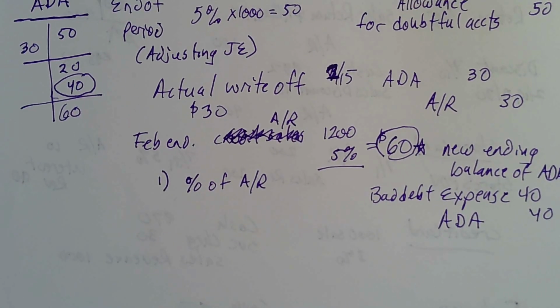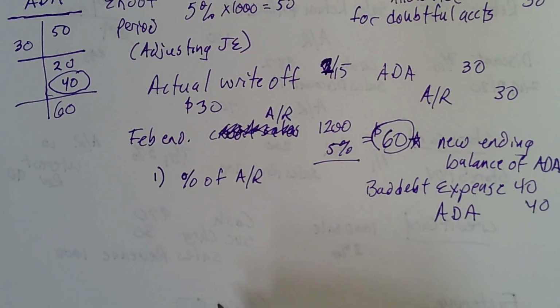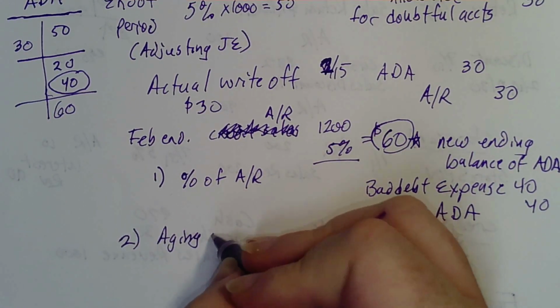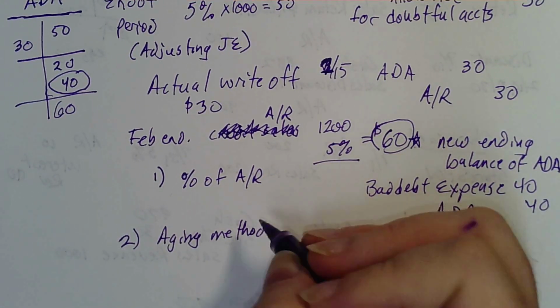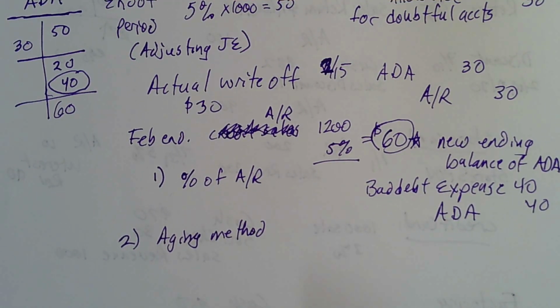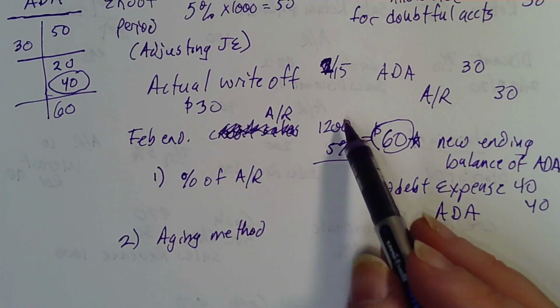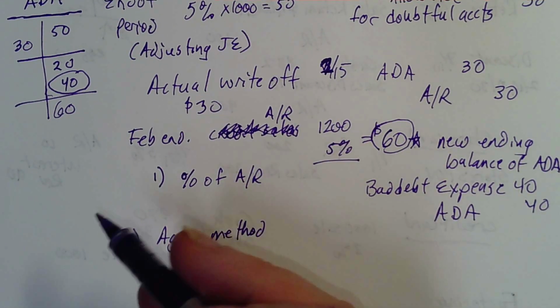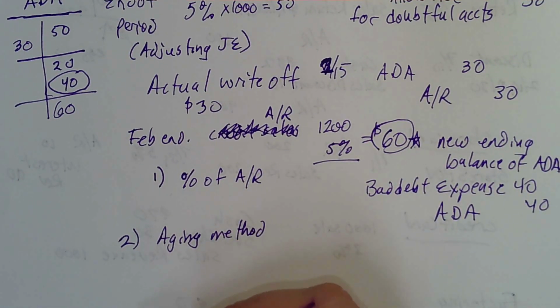There is a little bit more sophisticated method, but it works the same way, and it's called the aging method. And what does that look like? Rather than just saying 5% of all AR is going to be uncollectible, perhaps we have a little bit more detail.